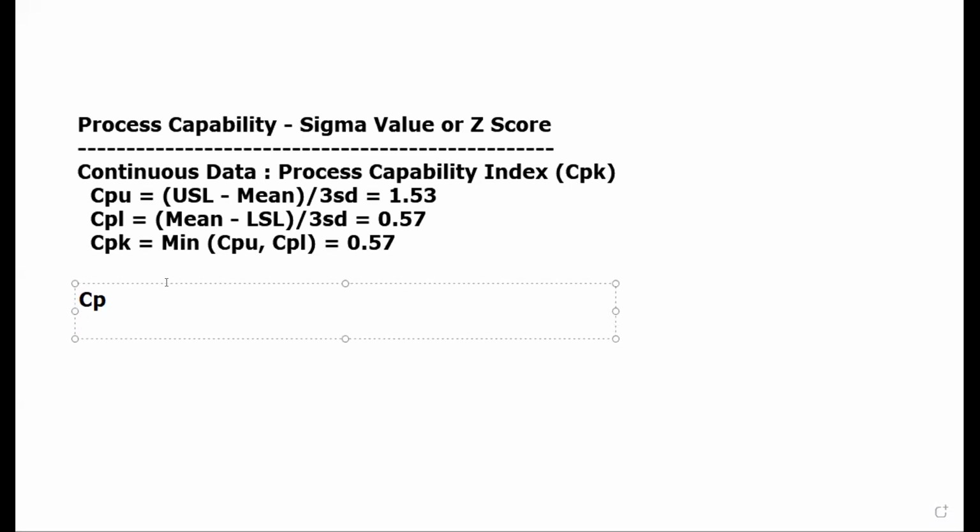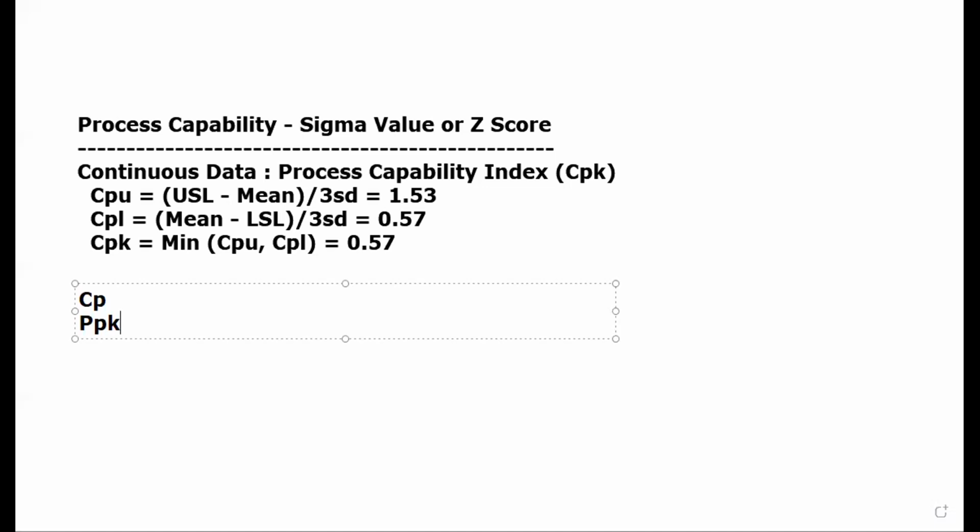There is another term which is also calculated in the same way as CPK, which is called PPK. PPK is not a process capability index, but a process performance index. Why is it called process performance? Because in the case of process capability index or CPK, we do this with sample data, and for PPK, we do it with population data.